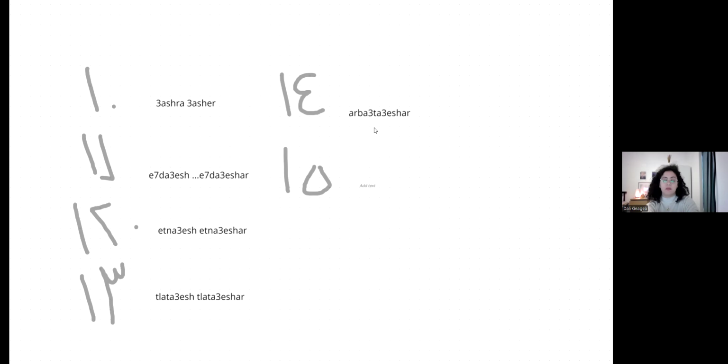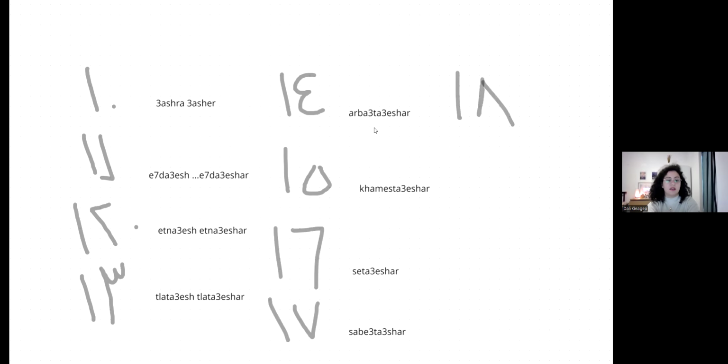And when we're describing the number, it becomes خمستاشر. 16, ستاش, becomes ستاشر. 17, سبعتاش, سبعتاشر. 18, when describing the number, instead of saying تمنتاش, we add R: تمنتاشر. 19, it was تسعتاش. Now it becomes تسعتاشر.